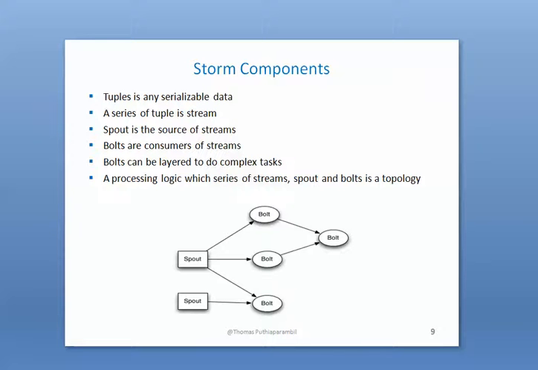Spout is the source of streams. It generates the streams. Bolts are the components which process the stream, and a hierarchy can be made using bolts to do various levels of processing.